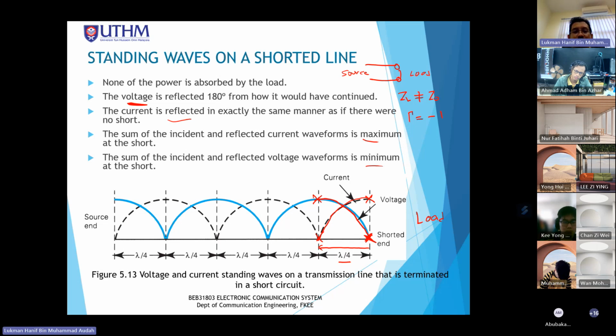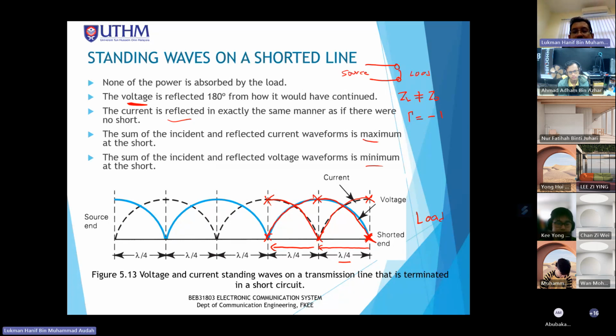If we move towards the source again by another lambda over 4, the voltage becomes minimum while the current becomes maximum, and so on.